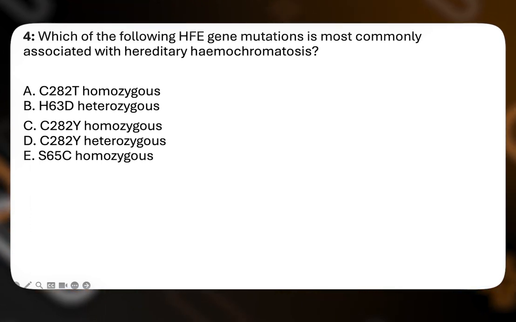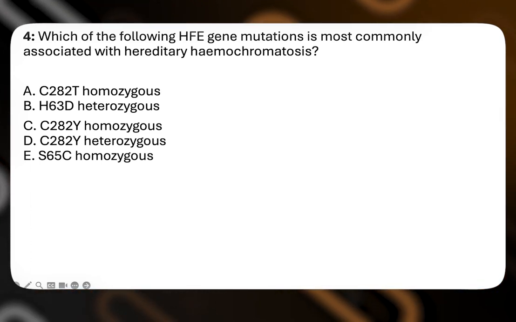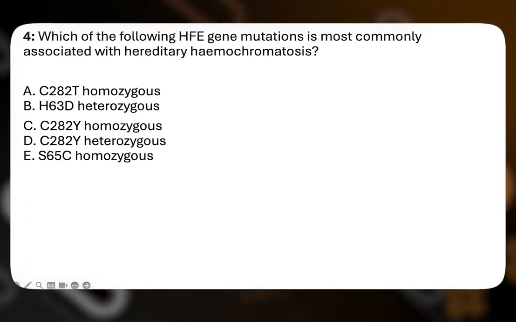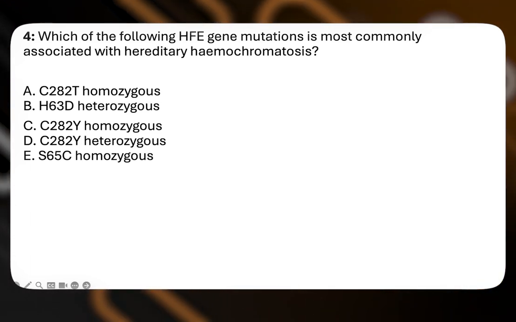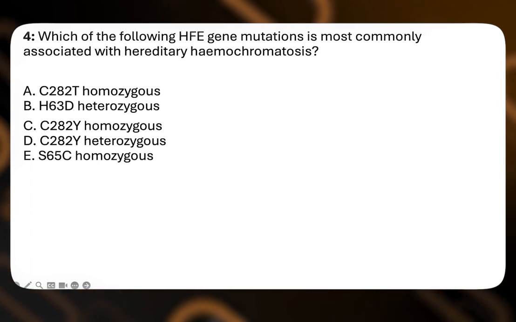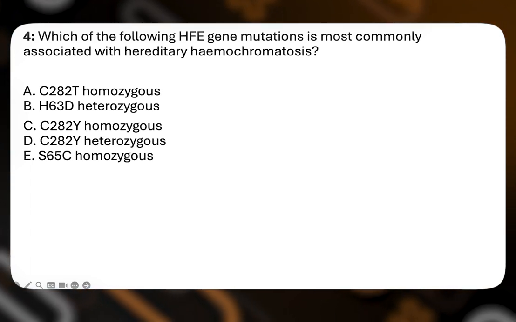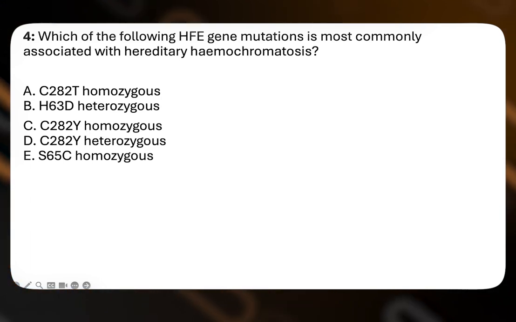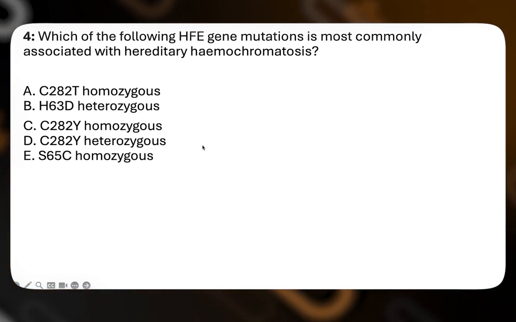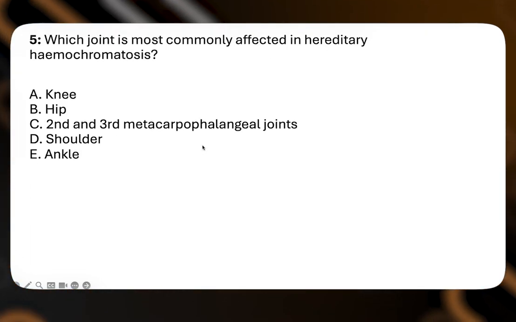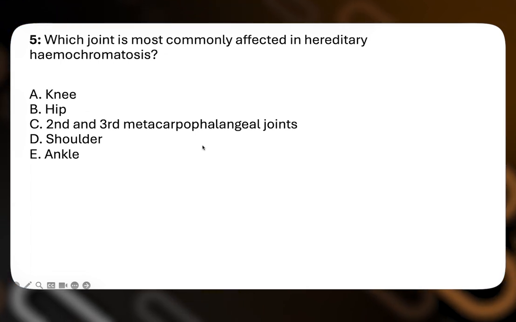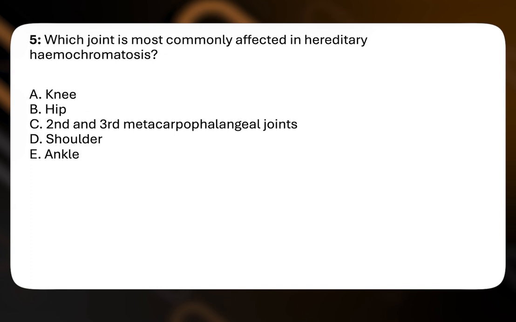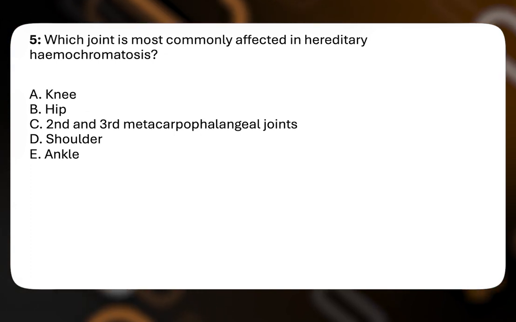C282Y. C282Y. Okay. So C or D? Both are C282Y. No, C. C. Yes. Which joint is most commonly affected in hereditary hemochromatosis? Knee joint.